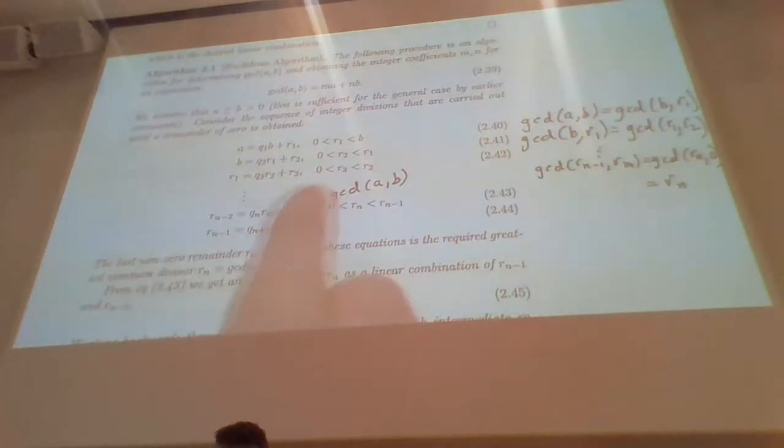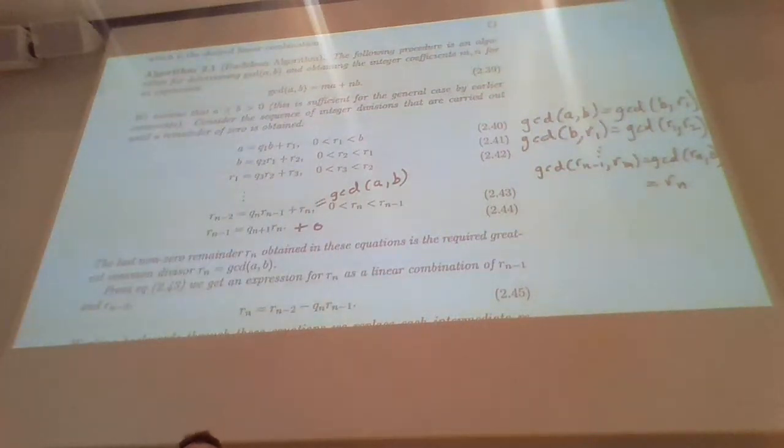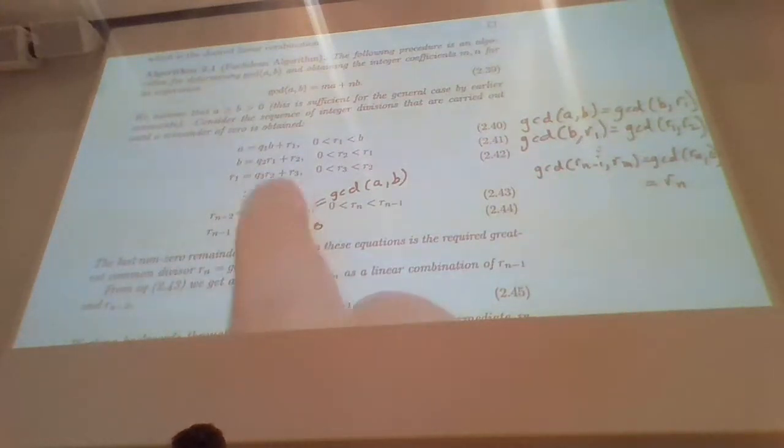So you keep using each equation to get rid of one of the remainders and give you the linear combination for the greatest common divisor as a linear combination of an earlier pair of remainders. So you work all the way up.